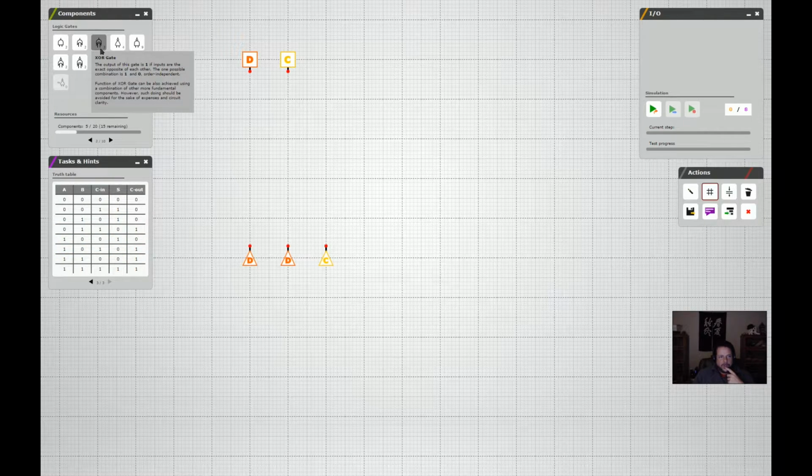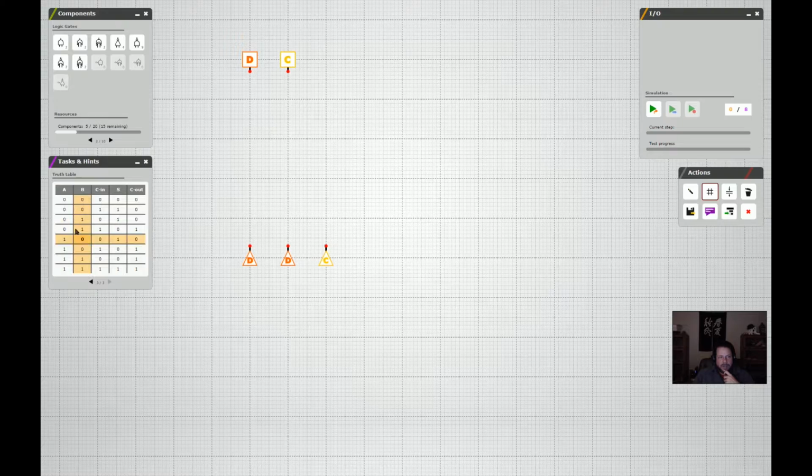Where if the inputs are mixed, then the output will be 1, and if they're the same, then the output is going to be 0. So if we think about combining A and B, we could reduce this column to something easier to think about. And if we know that A, B, and carry in, the combination of these three, give us the result in S, then we can think about that.